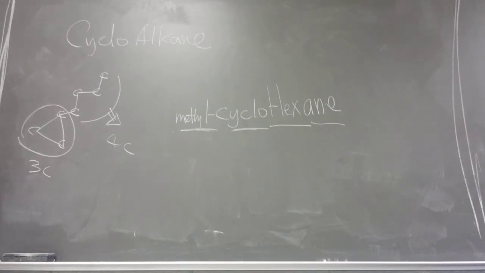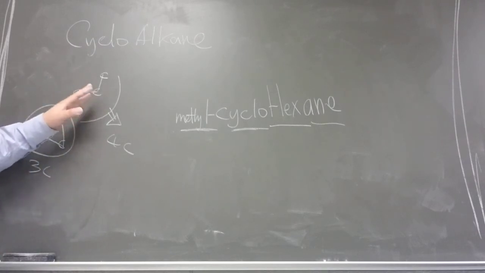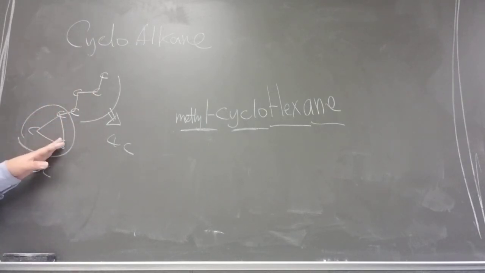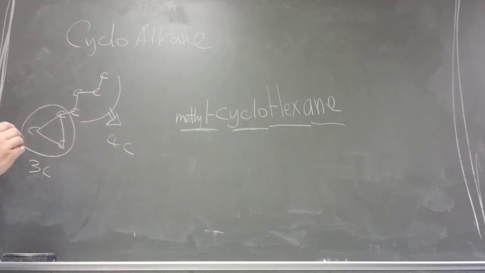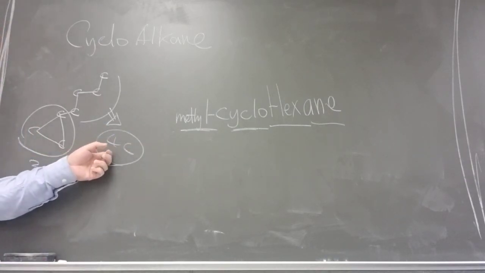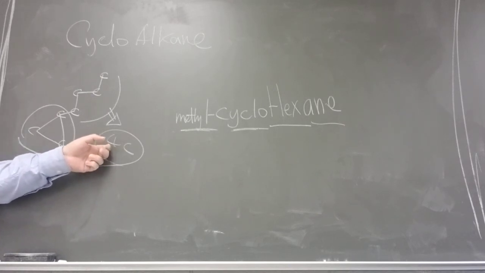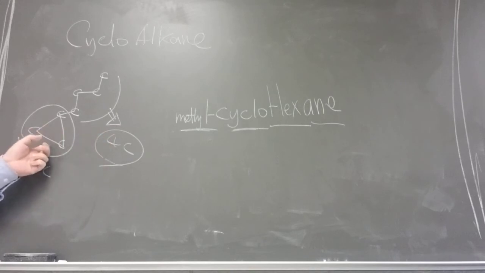Either you're going to call this 1-cyclopropylbutane, or you can say 1-butylcyclopropane, either way, right? And in this case, your textbook says to find the longest carbon chain. That will be the main part of your compound, and this is your substituting group, and so forth.